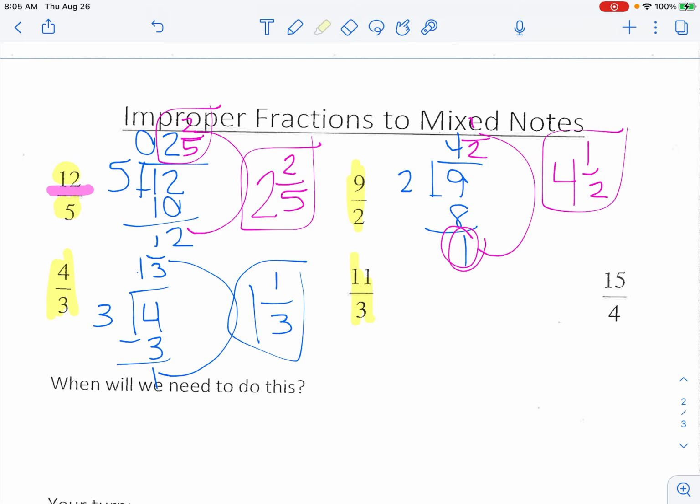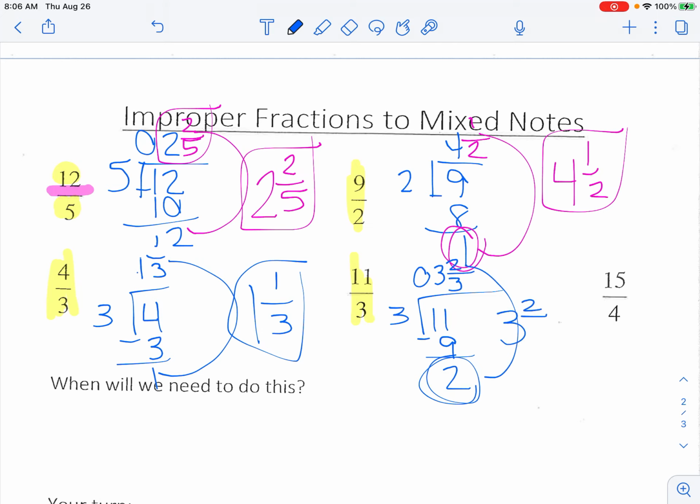Looking at 11/3. Divide 11 by 3. So 3 times 3 is 9. This remainder becomes the numerator in your fraction, and the denominator is going to stay a 3. So that answer would be 3 2/3.